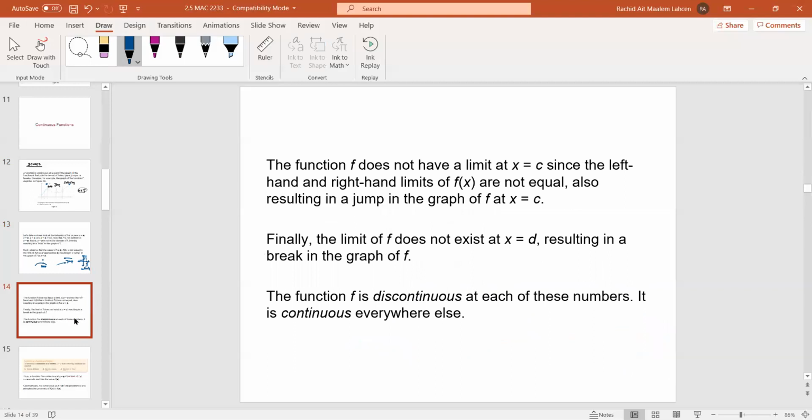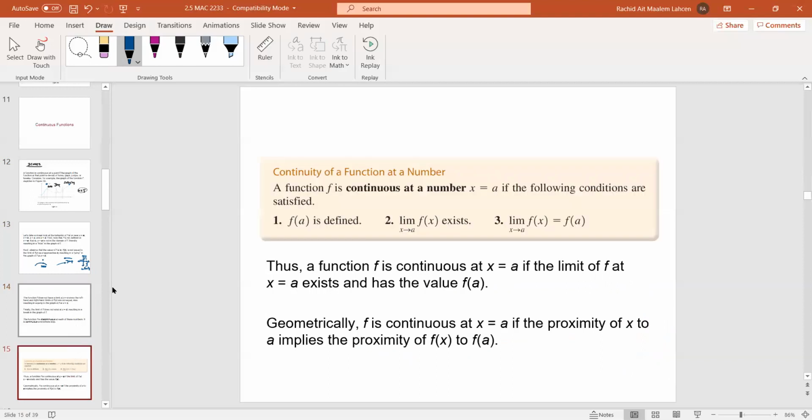All right. So the continuity of a function at number a. Now three cases and three conditions for it to be continuous. We say it is continuous if it satisfies three conditions. One, f of a is defined.